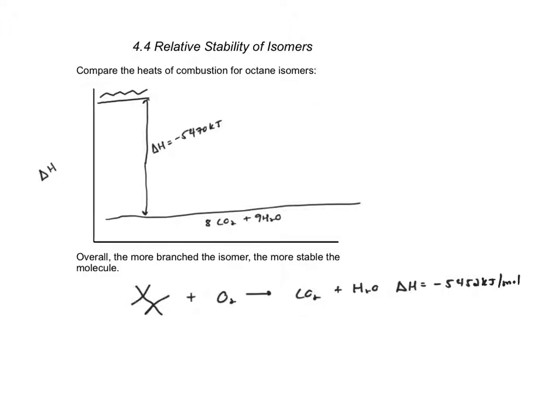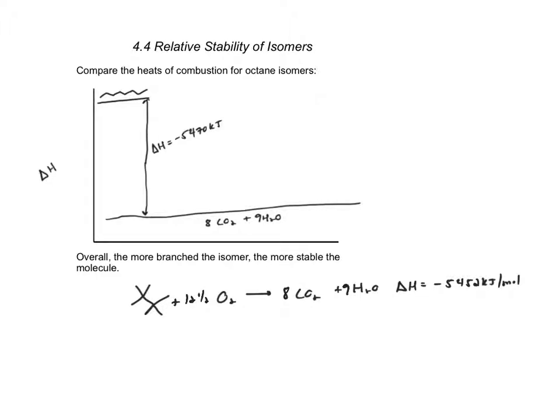Okay, so a couple things to note. This guy and that guy have the exact same molecular formula. So when this balances out, we're going to get the exact same products overall. So this is going to be our plus 12 halves oxygen, 8 CO2s, and 9 H2Os.